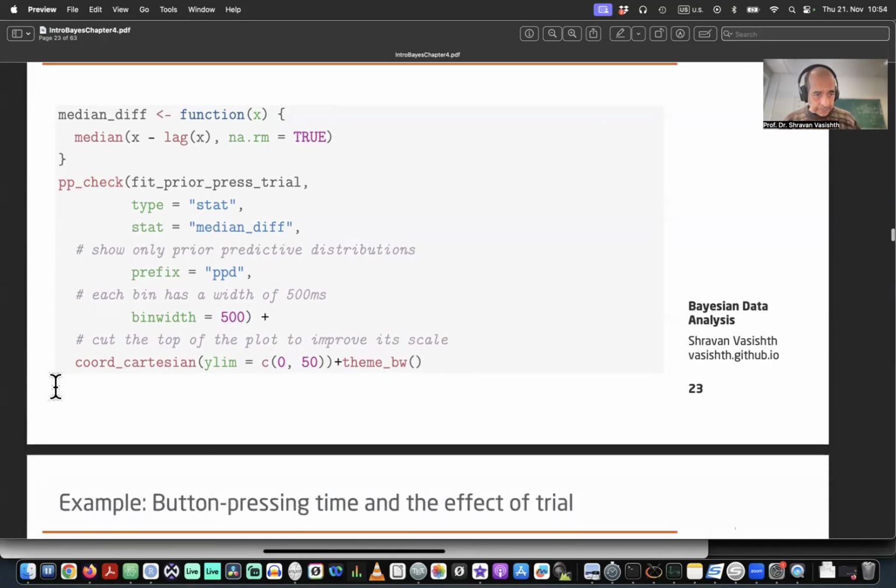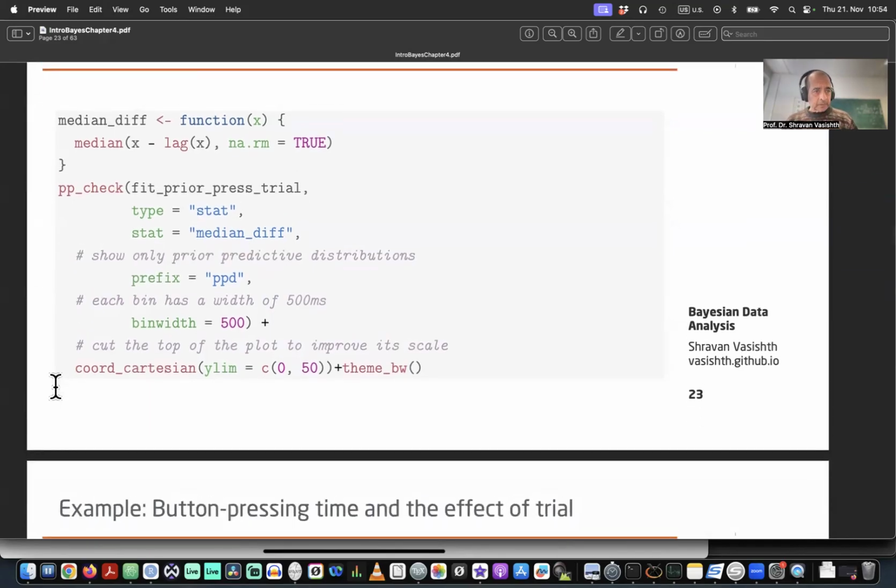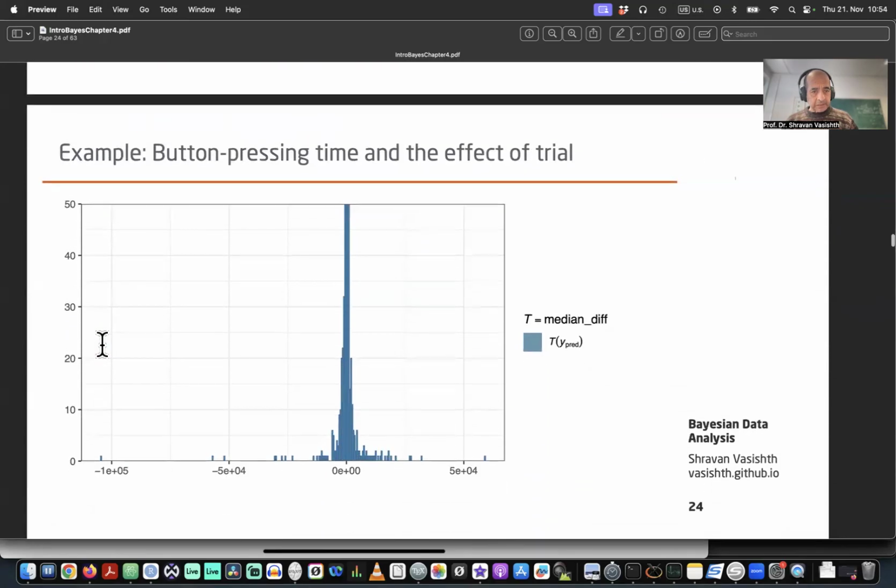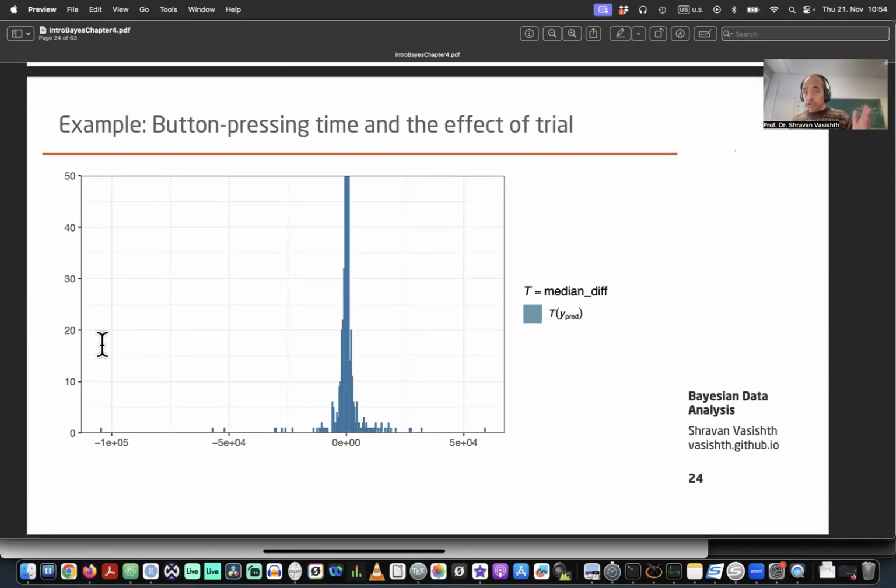Now, using the PP check function, if you look at the distribution of median differences, what you notice is that the range of median differences is really large. It's going from, the upper bound is 5 times 10 to the power of 4, and the lower bound is -1 times 10 to the power of 5.